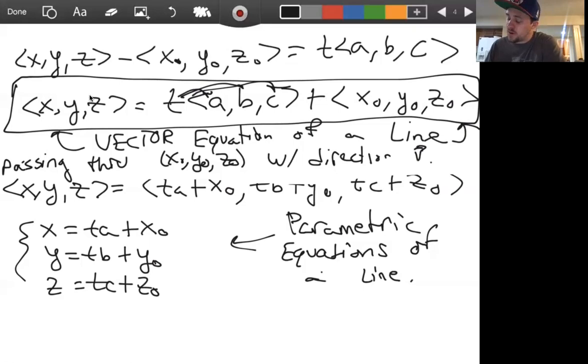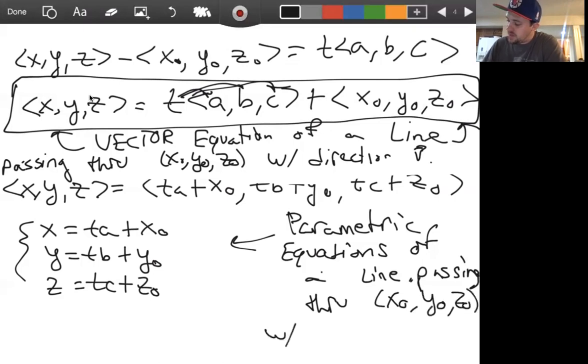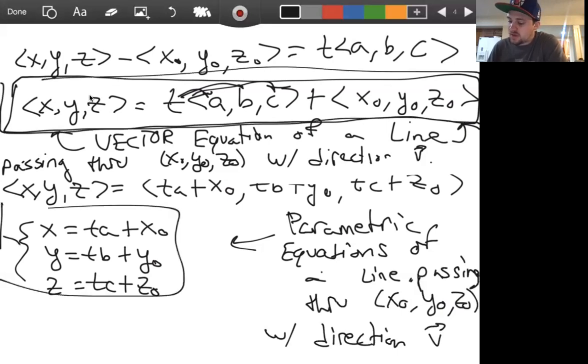And this is the parametric equation of a line passing through the point x naught, y naught, z naught with direction vector v, which is a, b, c. And so if you have a point that this line passes through and you can find a direction vector, you can find an equation for this line. And up here is the vector representation. This is the parametric representation.